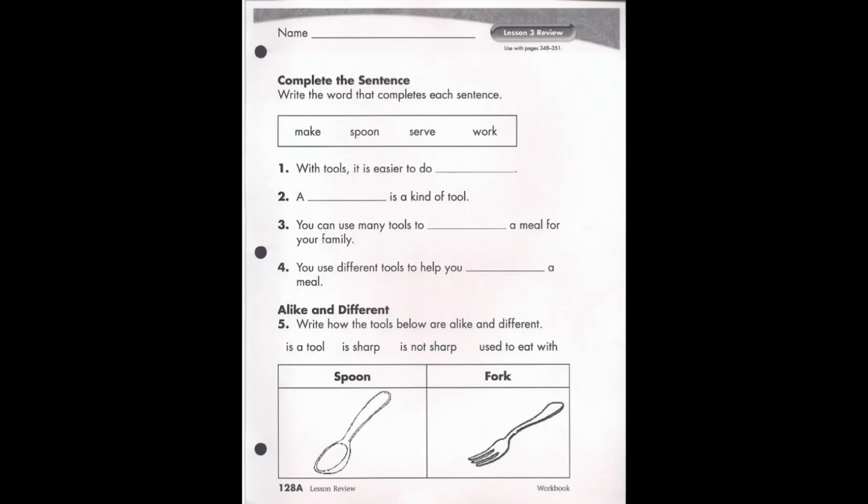Alrighty, and we're on our final sheet for science here, okay? So just kind of like all of our other sheets, this is what we have. We have our word bank at the top, which comprises 4 words, which are make, spoon, serve, and work. So each of these words are only going to be used once. So question number 1, it says, with tools, it is easier to do blank.